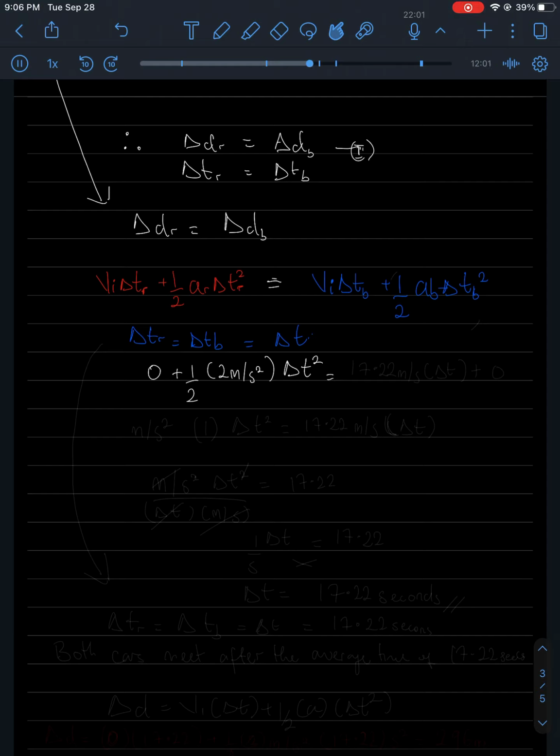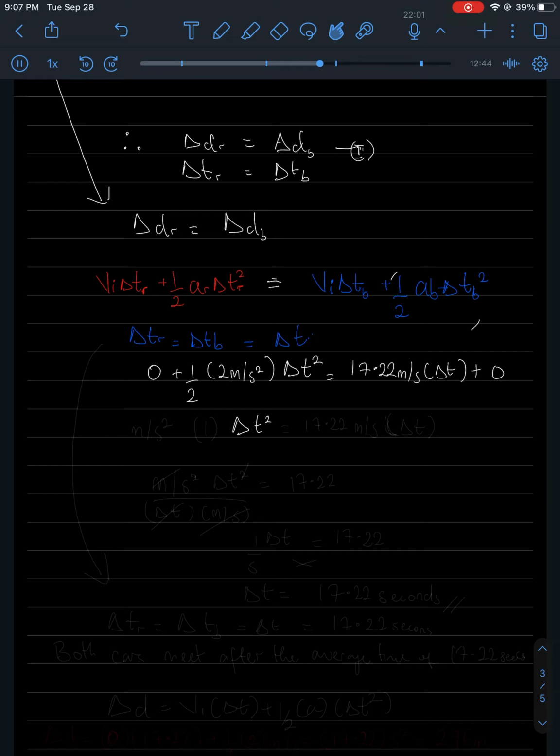And this is equal to the initial velocity, which we know is 17.22 meters per second, times delta t. And because its acceleration is 0, this whole quantity changes to 0. Now we can solve this to find delta t. So this 2 cancels out this 2, and that gives us 1 here, so we have delta t squared. I can just put the 1 in brackets.